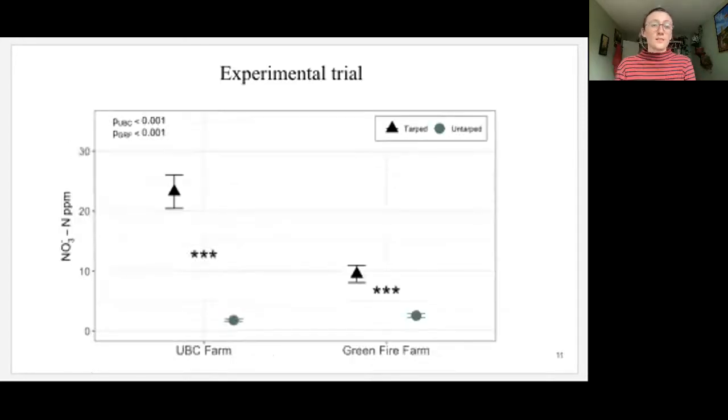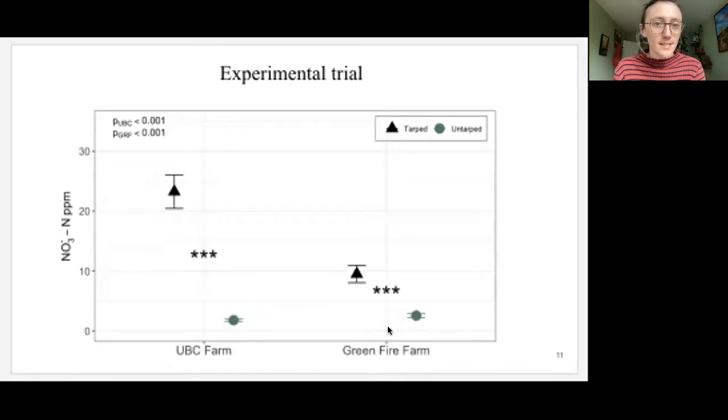So we next looked at nitrate at the time of tarp removal. Nitrate is an important plant available form of nitrogen, and it's highly susceptible to leaching, which made it pertinent to our study. And here we have nitrate from the experimental trial, so UBC Farm and Greenfire Farm.